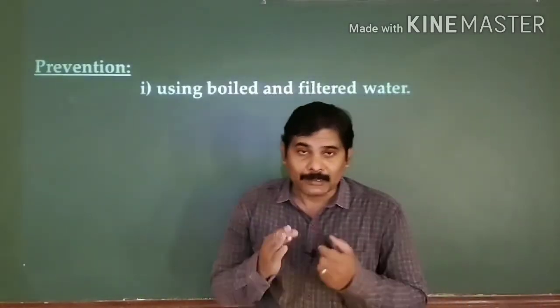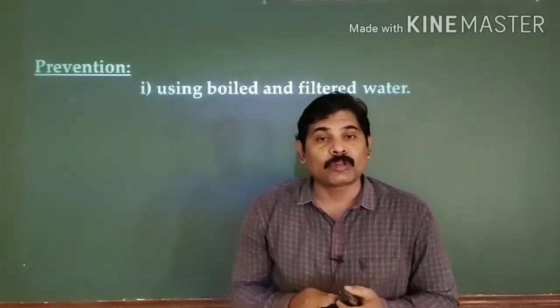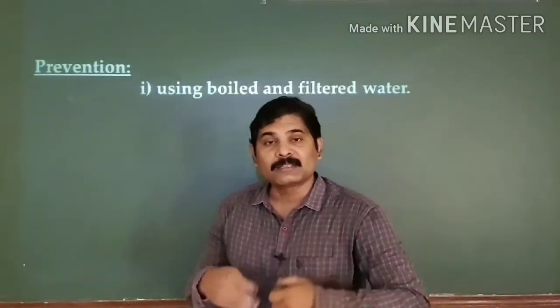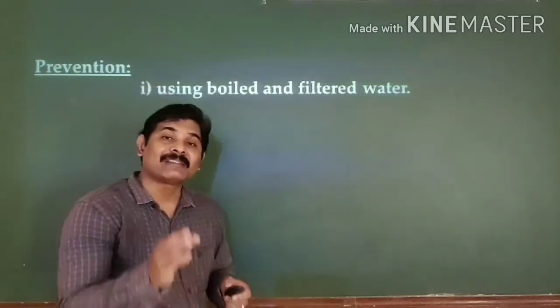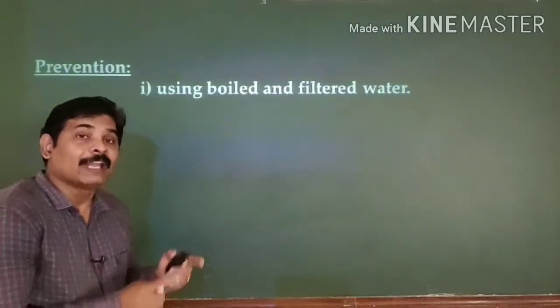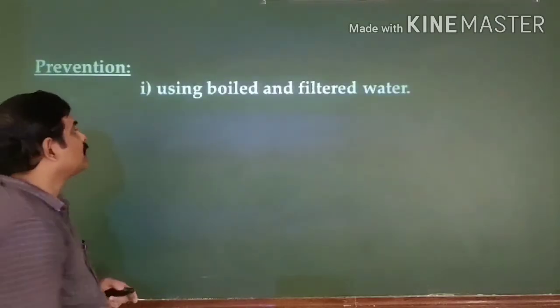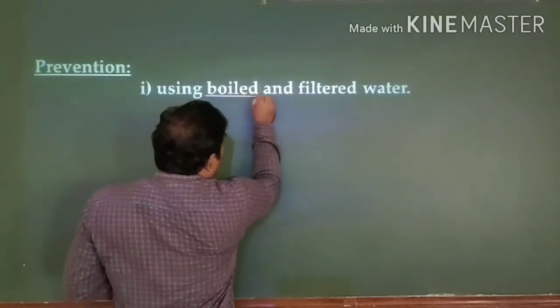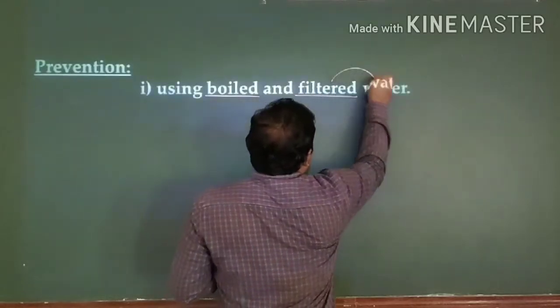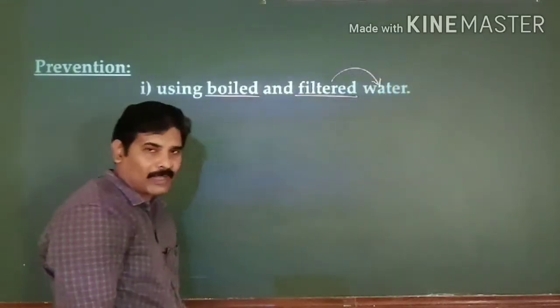Once the water gets contaminated by this tetranucleate cyst, when you consume this, it enters into your gut and finally causes infections in us. So in order to prevent this kind of disease, what we need to do? Using boiled as well as filtered water is one thing.